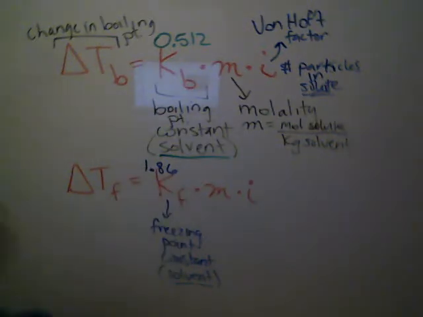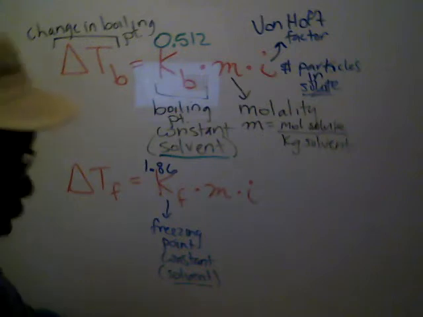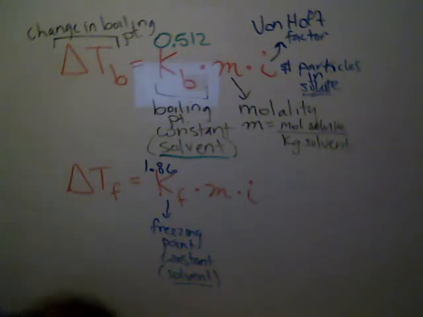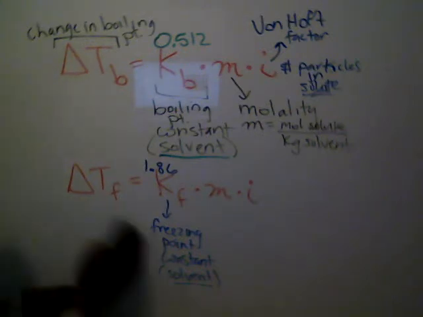Okay, so let's figure out how we would use this calculation. I'll do one example for boiling point and one example for freezing point. I'm just going to erase this. So let's say we have a mixture.